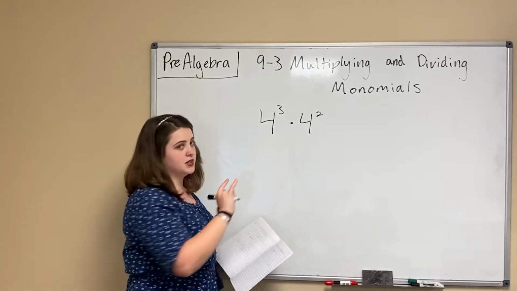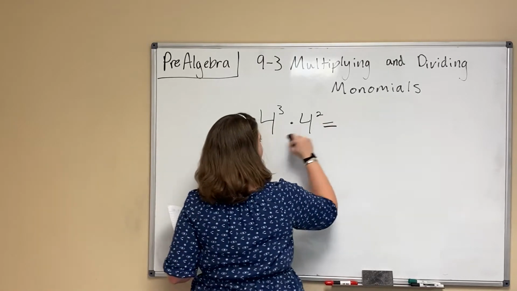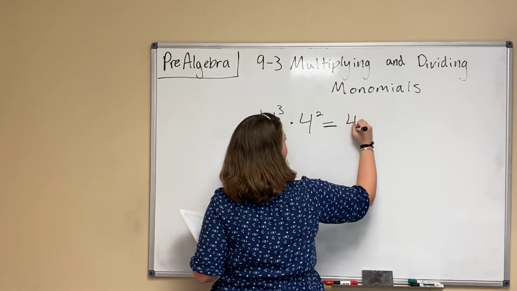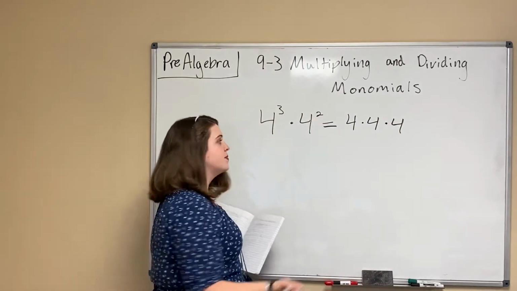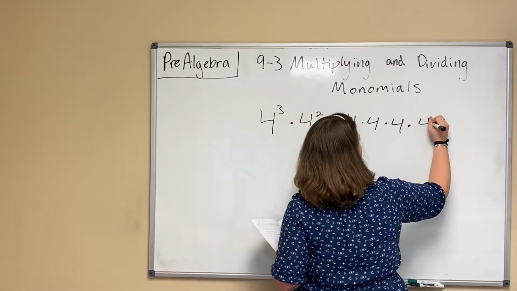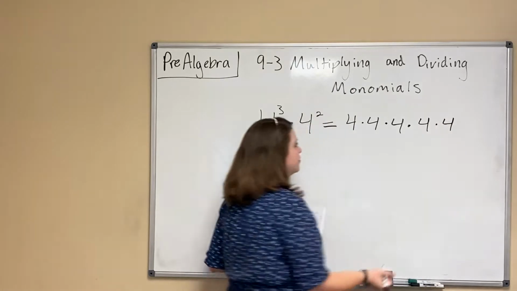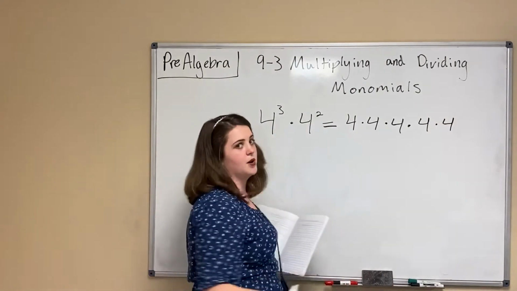I'm multiplying them together. Basically what I'm saying here is 4 to the third is 4 times 4 times 4, right? And 4 to the second is 4 times 4, right?